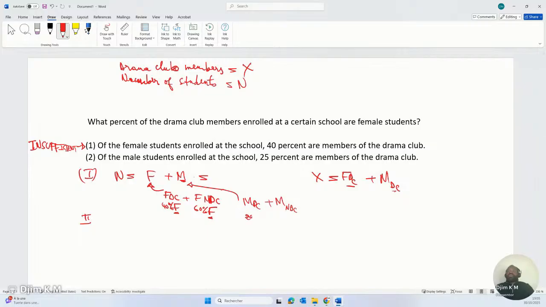This is 25% of M, and this would definitely be 75% of male students enrolled. But we don't know the number of male students enrolled. We don't know that. So this is also insufficient.